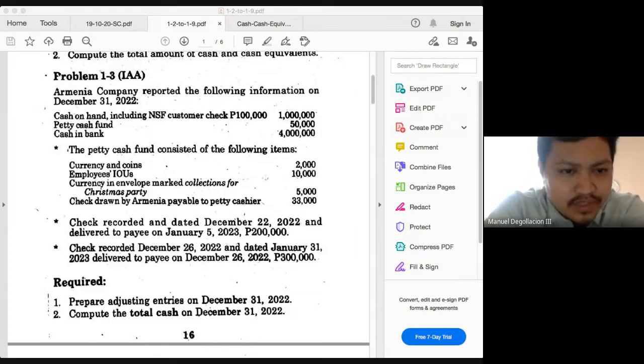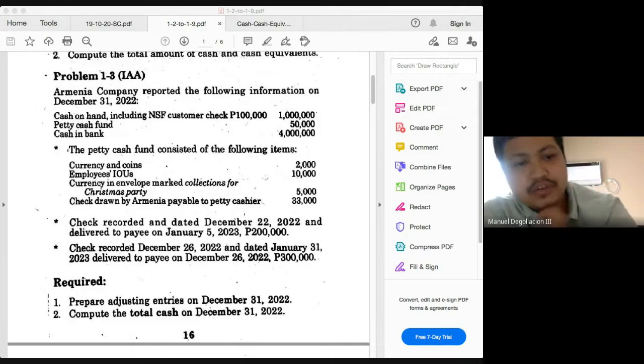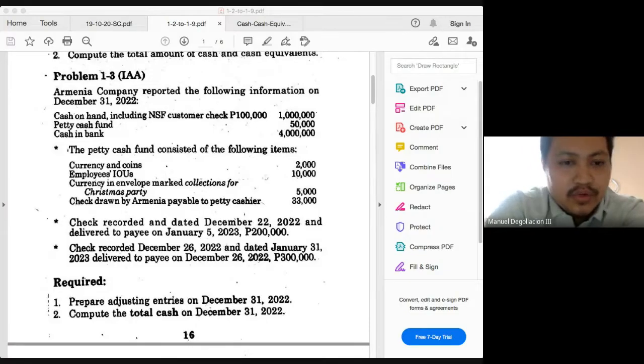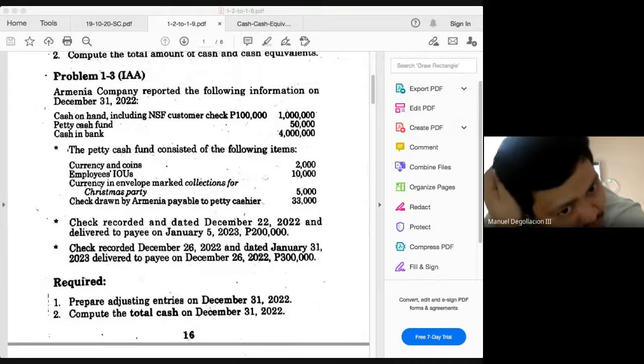And then the final information here, check recorded December 26, 2022, and dated January 31, 2023, delivered to payee on December 26, 2022. Again, we are the payer here, and we have recorded the payment on December 26, so meaning by December 26, our cash in bank balance in our records was reduced. But the problem is the check was dated January 31.